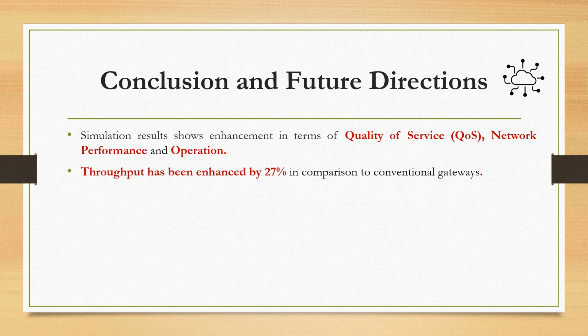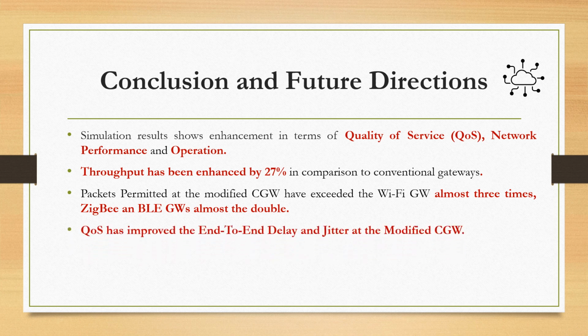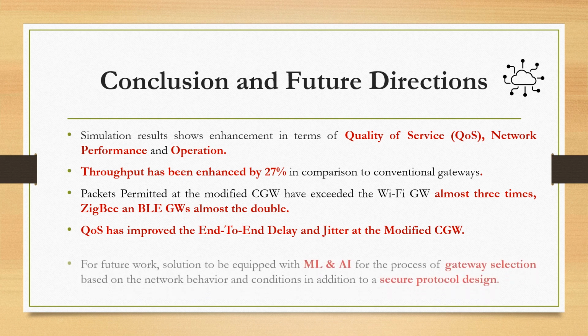The throughput has been enhanced by 27% in comparison to conventional gateways, and for the packets permitted at the modified gateways, it has exceeded the Wi-Fi gateway almost 3 times, and the Zigbee and Bluetooth gateways almost double. Of course, we have also shown an improvement when applying quality of service for the end-to-end delay and the jitter.